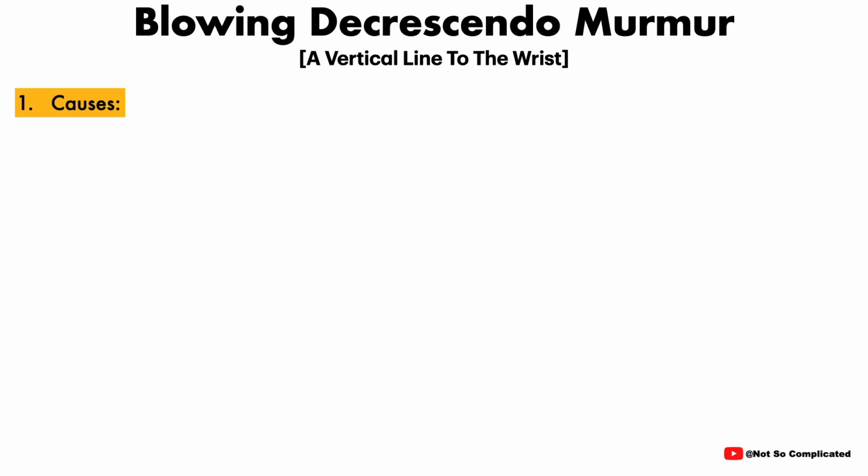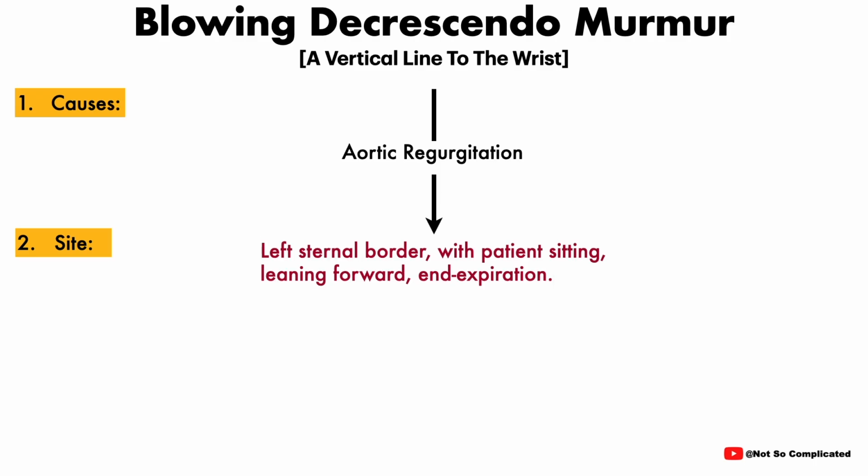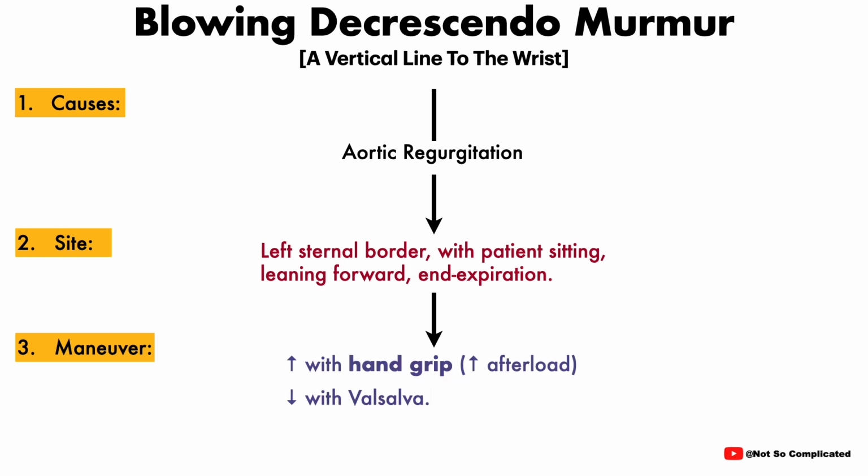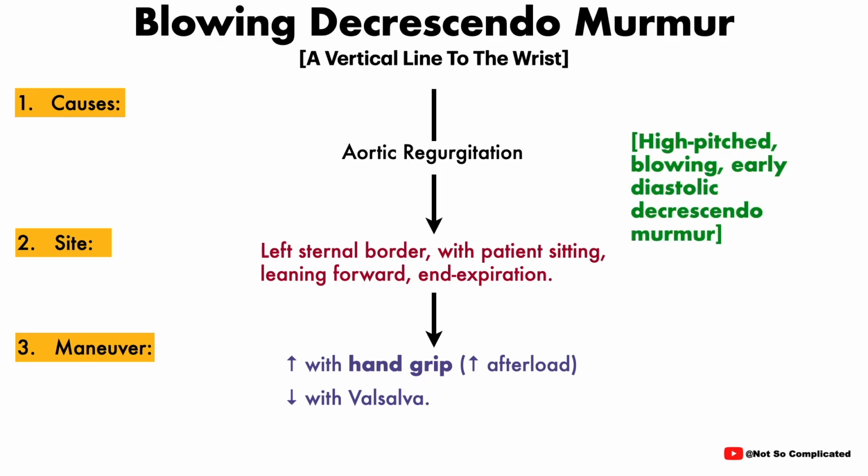The cause is aortic regurgitation, and the site is the left sternal border with the patient sitting, leaning forward, and in expiration. The maneuver is that it increases with hand grip, for an obvious reason, and decreases with the Valsalva. The murmur sounds like a high pitched blowing early diastolic decrescendo murmur.